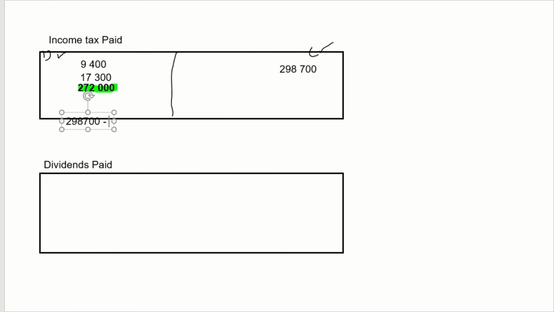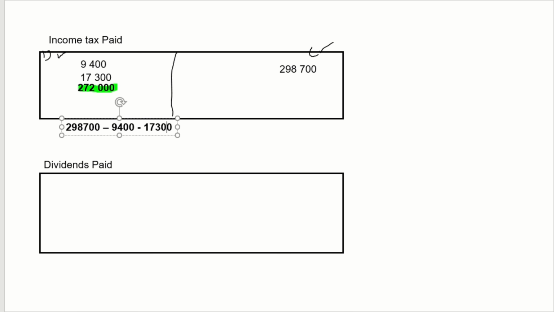You're going to subtract 9,400 rands. You're also going to subtract 17,300 rands, like this. This is how you write the T account in a straight line.